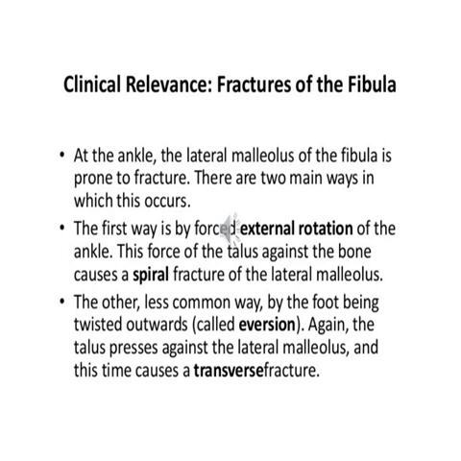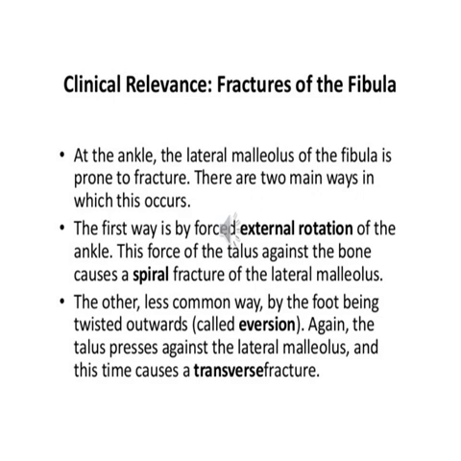The first way is by forced external rotation of the ankle. The force of the talus against the bone causes a spiral fracture of the lateral malleolus. The other, less common way is by the foot being twisted outwards, like eversion. Again, the talus presses against the lateral malleolus and this time causes a transverse fracture.